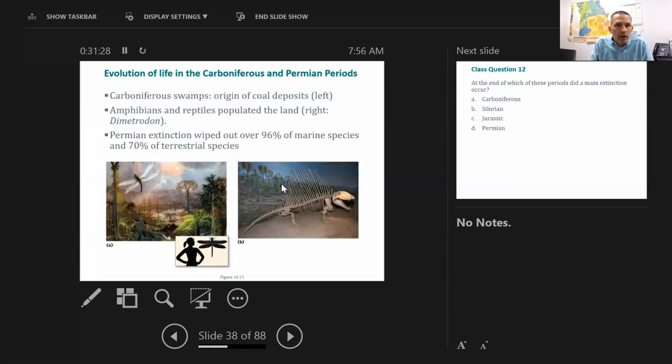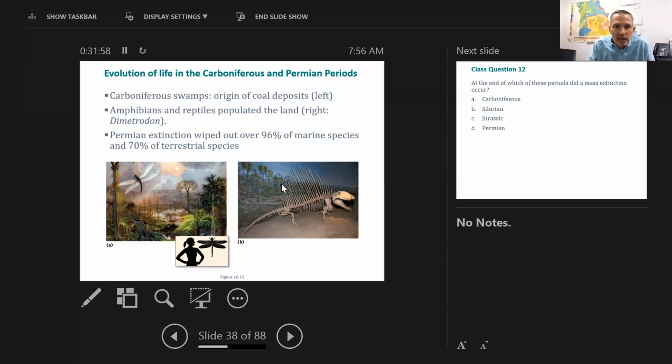So as we've already mentioned, the Carboniferous time period had large coal deposits here in the United States. The atmospheric pressure was very high. As a result, organisms like insects could grow quite large. This looks like a Dimetrodon.